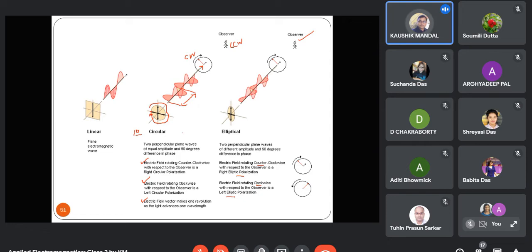The clockwise and counterclockwise are with respect to whom? With respect to an observer. Then you have to specify the position of the observer, whether the observer is looking towards the wave propagation, or the observer is facing the wave approaching towards him or her. Okay.